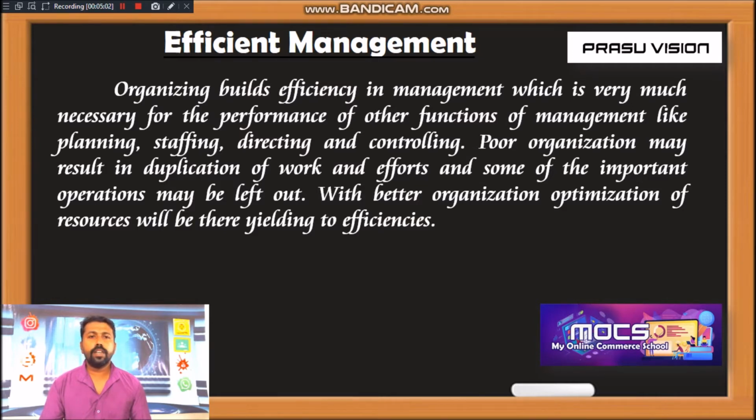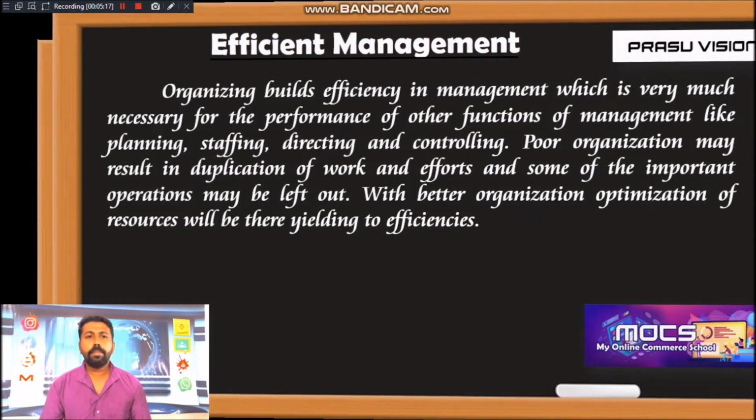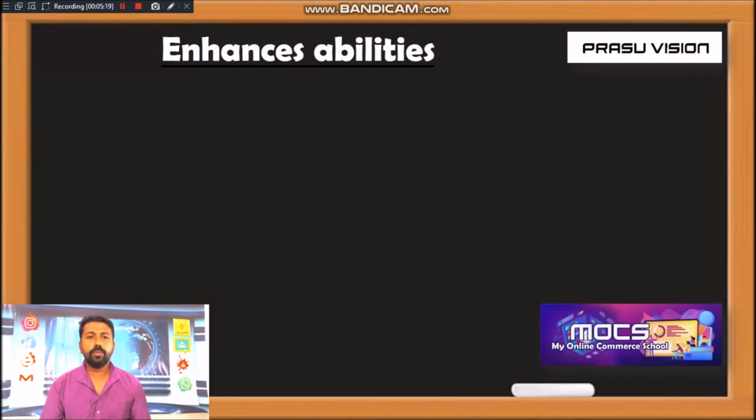So, the first point is related to efficiency of management. Efficient management is possible only through proper organizing of all activities and all elements in an organization. I think the idea is very clear for you. Remember the point, efficient management. Next one is enhances abilities.